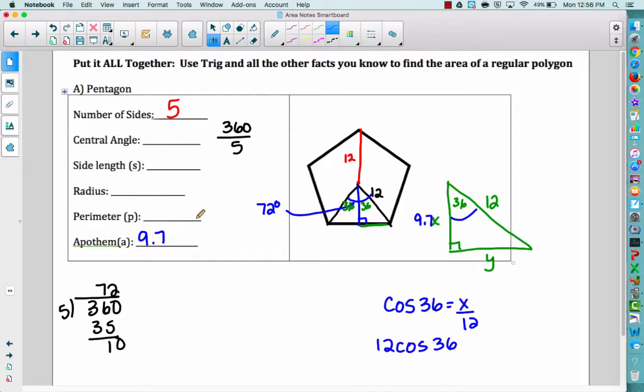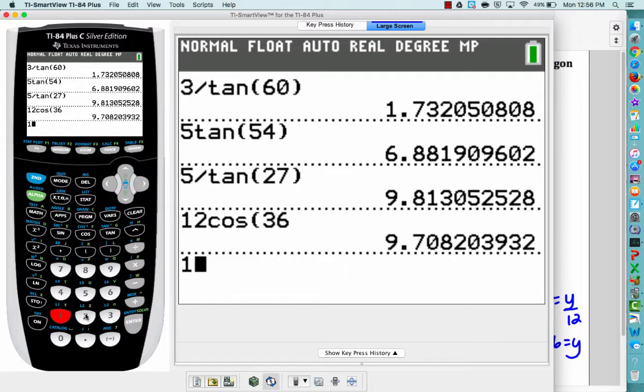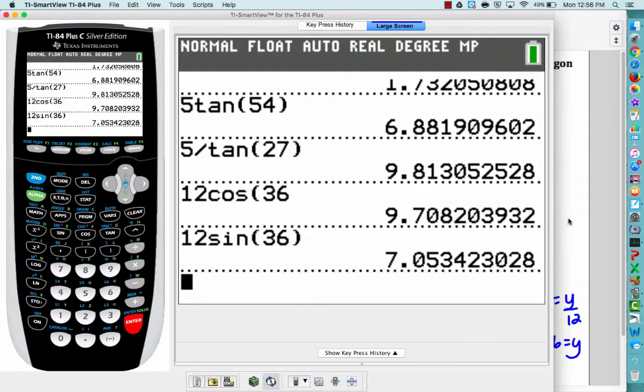Now I've got to find y as well, so I'm going to do sine of 36 equals y over 12, and I'm going to cross multiply, and I get 12 sine 36 equals y. I get the calculator, 12 sine 36, and that gives me 7.1.